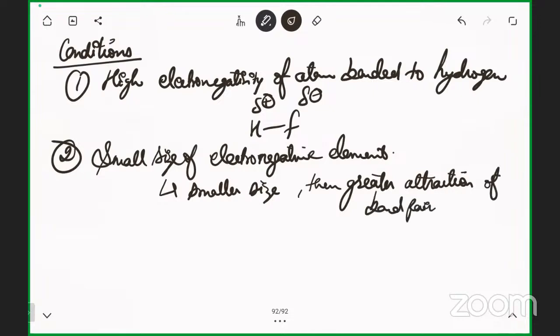See, generally, an electronegative element has a small size. Why small size? Just because the number of shells remains the same and the nuclear charge keeps increasing. It means the outermost electron is easily held by the nucleus. So at that time, the electronegativity increases. So these are the two conditions we have to remember: the electronegativity of the other bonded atom must be more, and the size must be small.